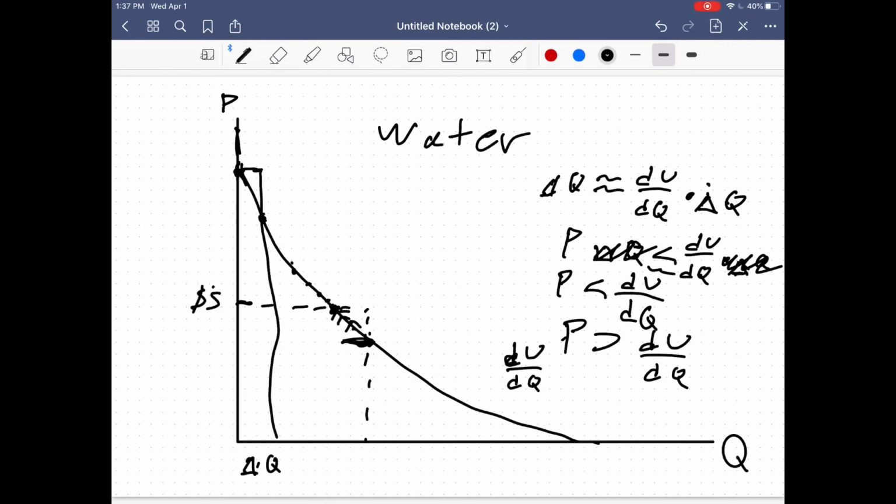And that is the only point where you are indifferent, where buying more water would not increase your utility, or buying less water would not increase your utility. And so you will stay at that point. So what that means is that at every single price, the quantity is uniquely determined by the marginal utility.